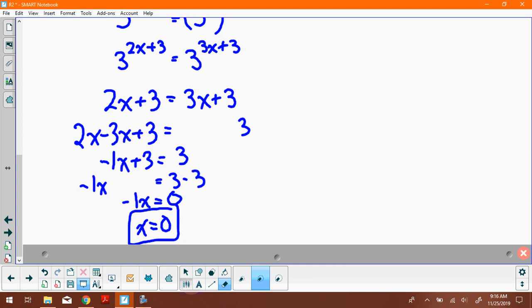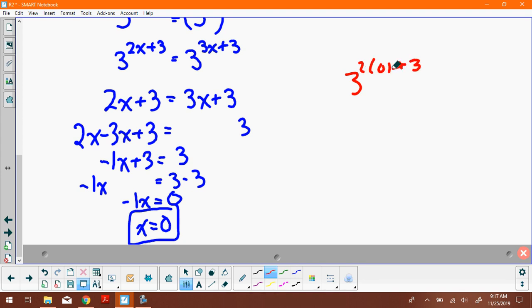And again, if you want to do a quick check, we could plug it back into the original equation. On the one side, I had 3 to the power of 2x plus 3. So that would be 3 times 2, pardon me. And again, you don't have to do the checking step.